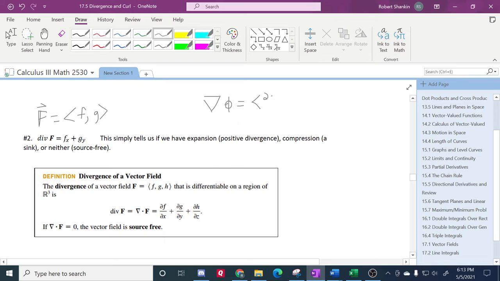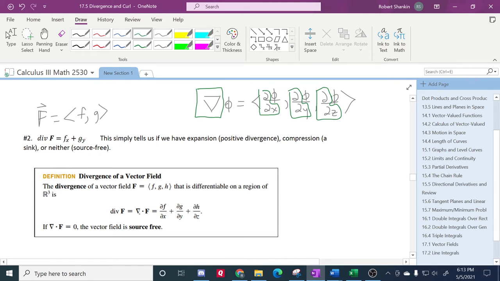This is the partial of phi with respect to x, and you make a vector out of this. Okay, so if you kind of separated out this del, it looks like it's in parts. And then there's the phi.